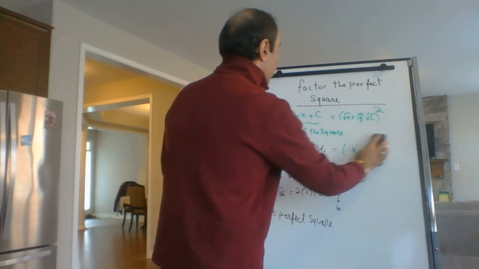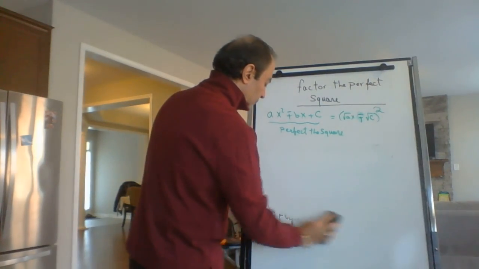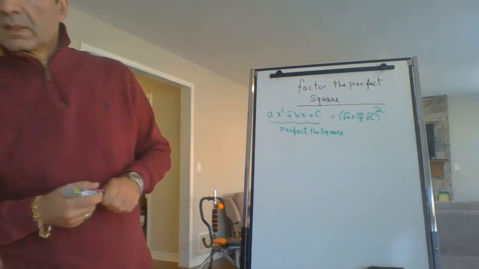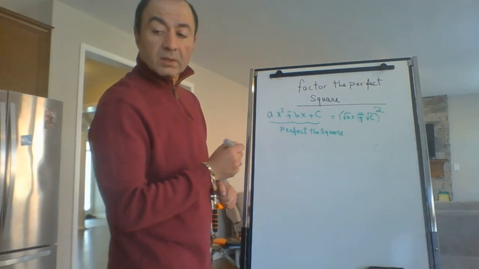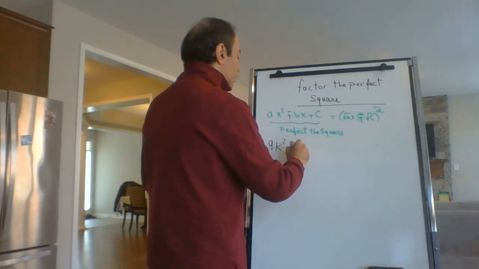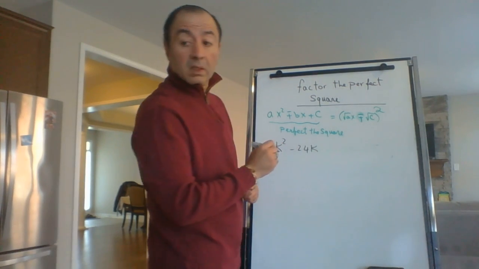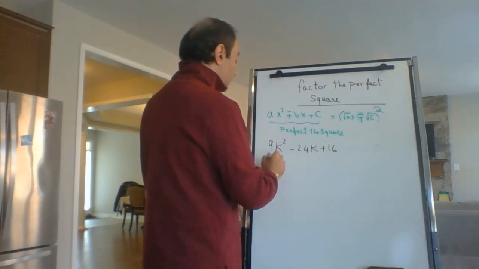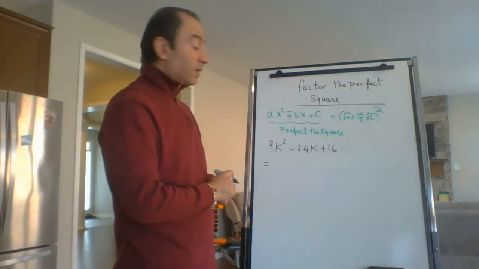Let us have another one. Let us say 9k squared minus 24k plus 16. The first thing we try to see is if there are any common factors. There is nothing.